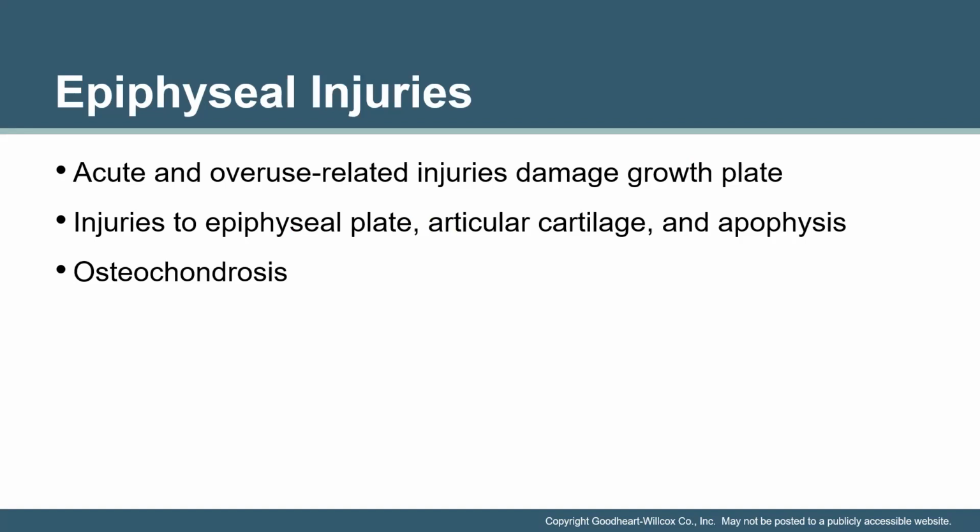There's something called osteochondrosis, also known as Osgood-Schlatter disease. This is another form of bone injury. It happens more frequently in young males, at the knee, where the patellar tendon attaches to the tibia. It's when the quadriceps muscle group on the front of the thigh pulls on the tibia, and it kind of rips the bone away, ripping away that periosteum a little bit.